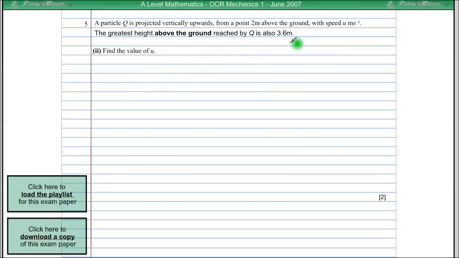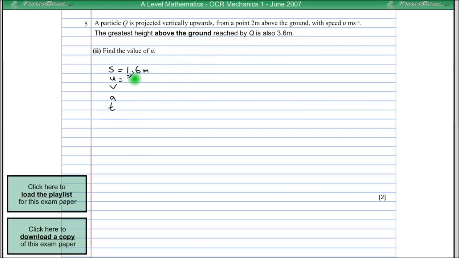Well, if the greatest height above the ground reached is 3.6 and it starts 2 meters from the ground, then we can say that the total displacement from its start position is going to be 3.6 minus 2, which is 1.6 meters. So this particle is actually, from its start point, only going to reach a maximum height of 1.6 meters.